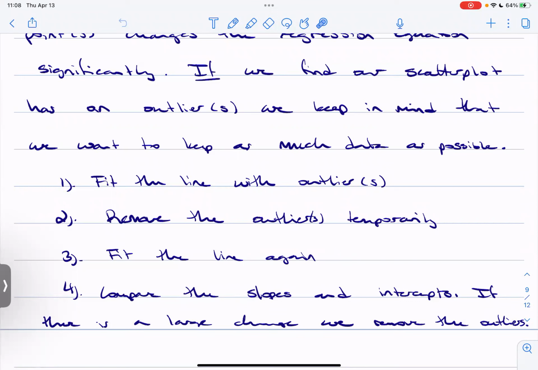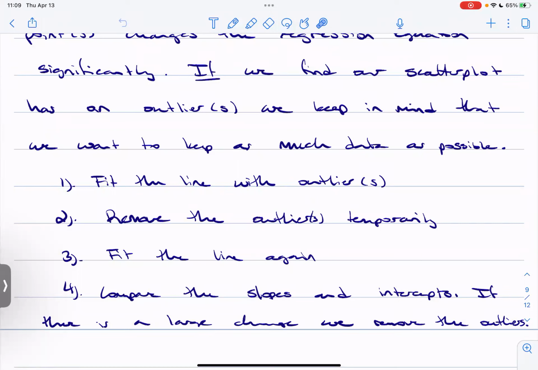And this is where it gets a little bit tricky because this is going to take some practice, right? So then you compare the slopes and the intercepts, specifically the slope. If the slope changes drastically, and that's up to you to decide if that was a large change or a small change, then we usually remove the outliers if they are causing a large change in the slope.